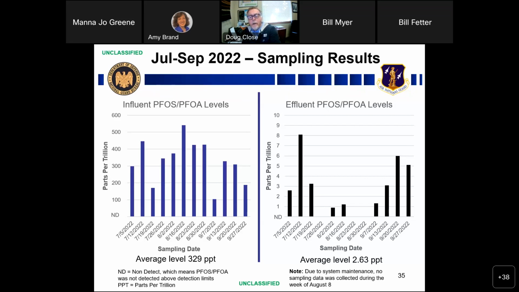Where there's no bar on the 26th of July, that was the period where we were making the change out. Then this quarter continues to run from the end of July, and we're still currently operating under that media. Our average level for effluent detection of both PFOS and PFOA combined was 2.63 for this quarter.